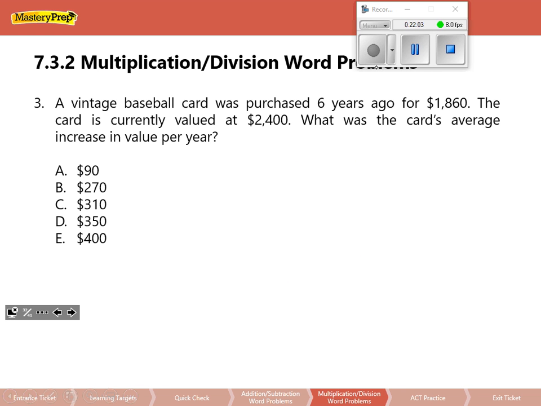A vintage baseball card was purchased 6 years ago for $1,860. The card is currently valued at $2,400. What was the card's average increase per year? So how many years have passed?